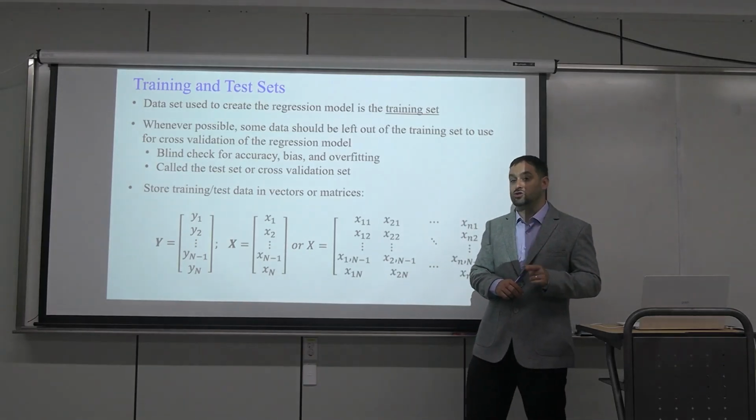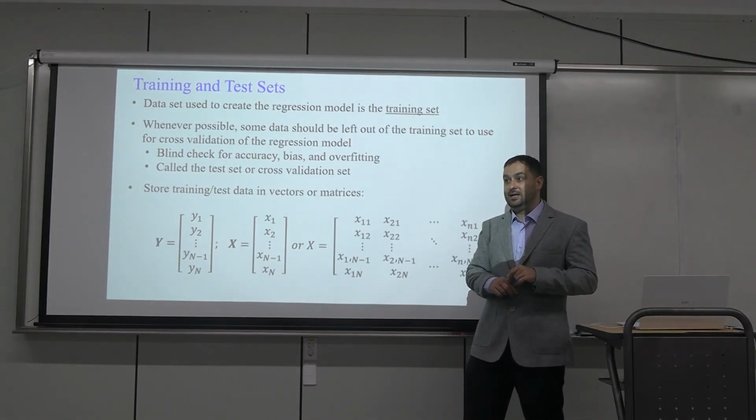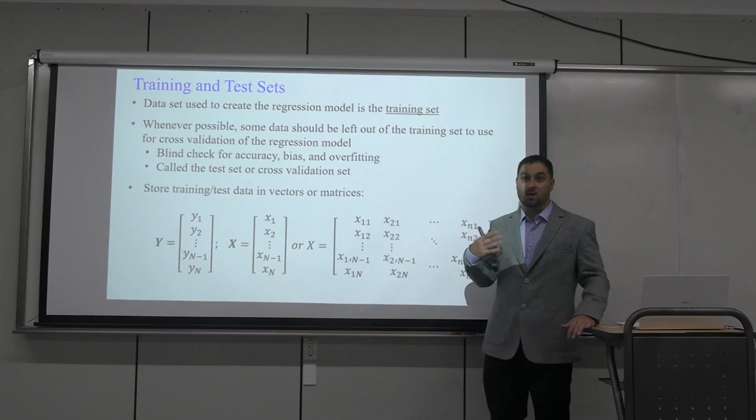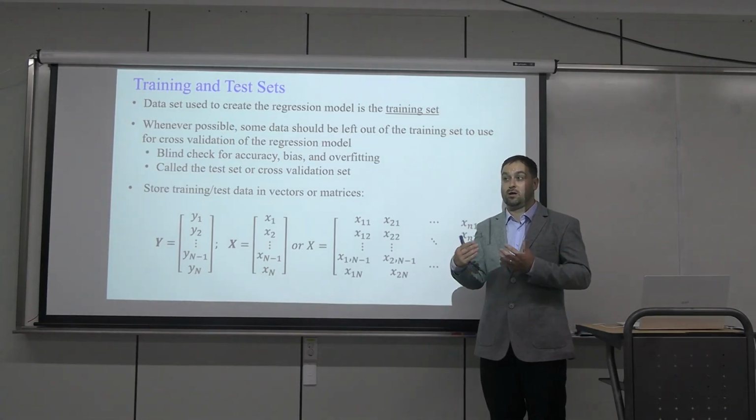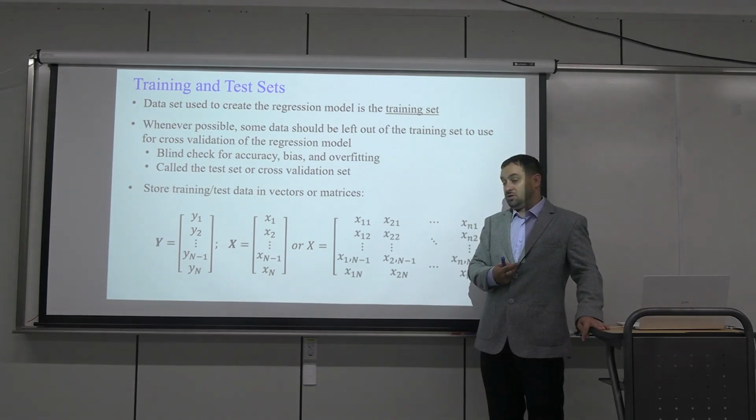You should start storing this data in vectors and matrices within a scientific computing program where you can then quickly manipulate that data and use it in different calculations, including the regression model development.